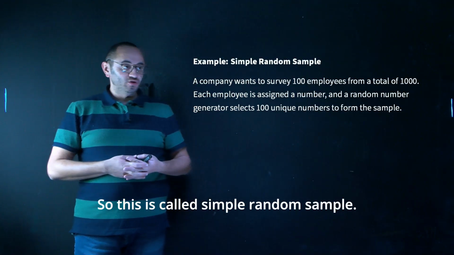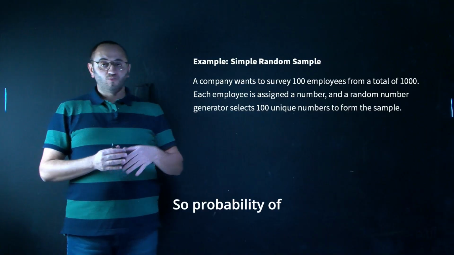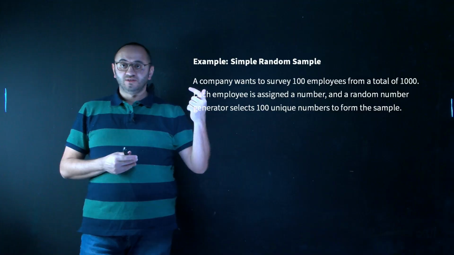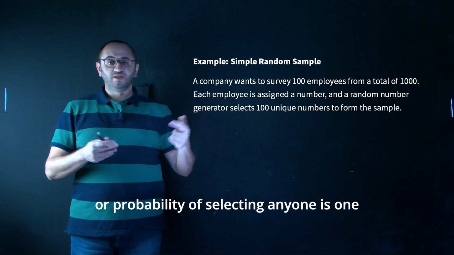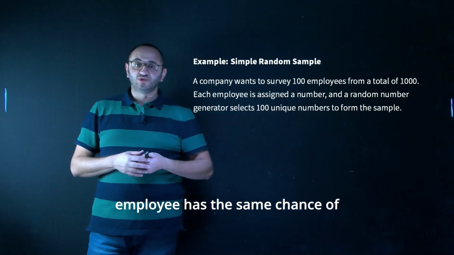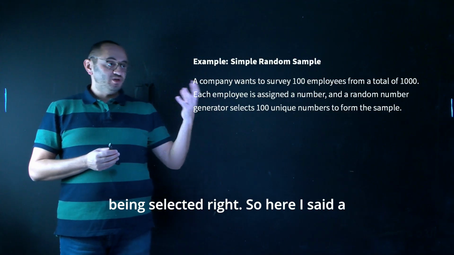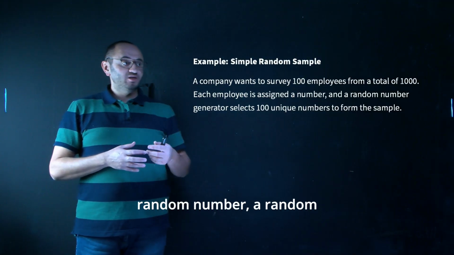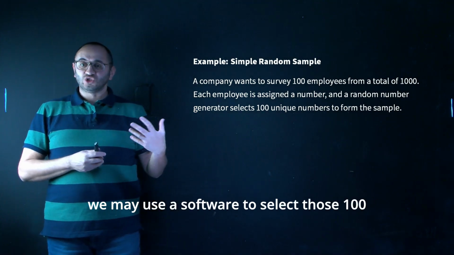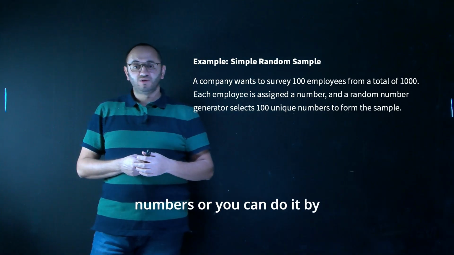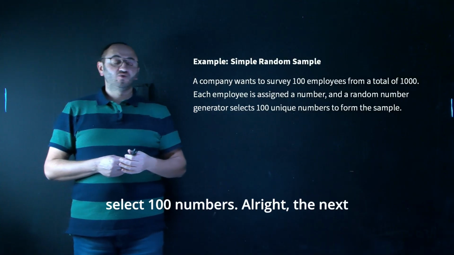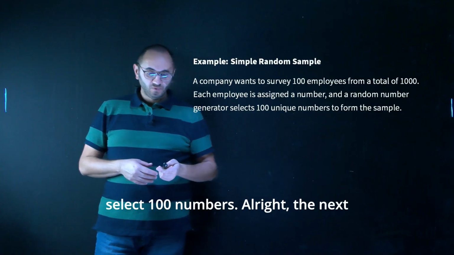So the probability of selecting any employee is 1 over 1,000. Each employee has the same chance of being selected, right? Here I said a random number generator, which means we may use software to select those 100 numbers, or you can do it by hand. All right.